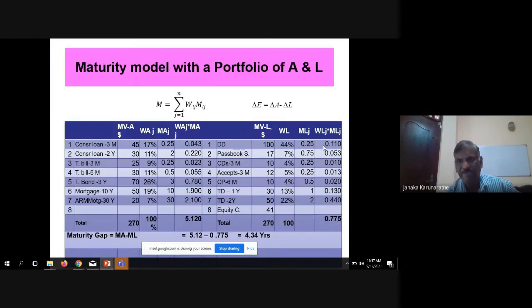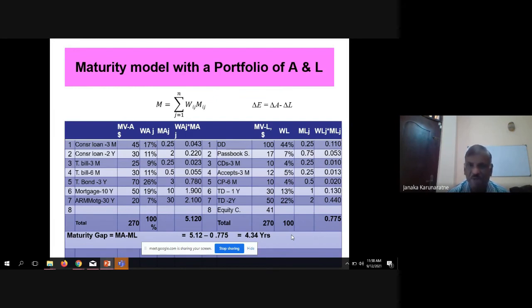Similarly, you do the same for the liabilities. So you have demand deposits, which represent 44% of your liabilities. You expect a maturity of 0.25 years. Now, this is something very difficult. If you look at demand deposits, estimating maturity will not be easy. But based on your experience, there may be a number you can derive, because in this model we need to have maturity.